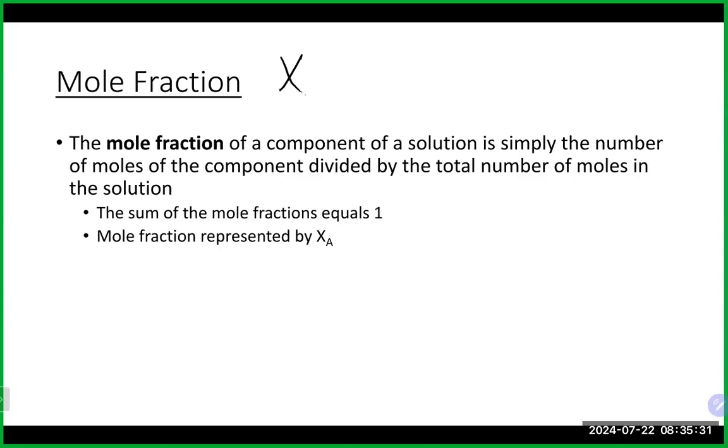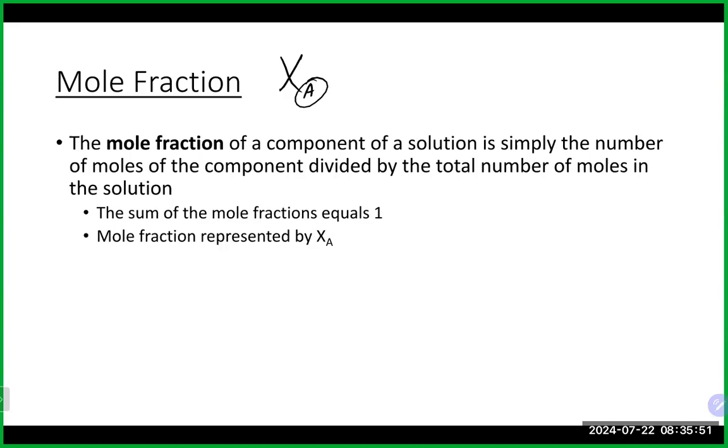And usually they'll put whatever the mole fraction is of, in that particular case. It's really like a percentage without multiplying by 100. Because we don't multiply by 100 to make it a percentage, the maximum you get is 1, which is 100%.